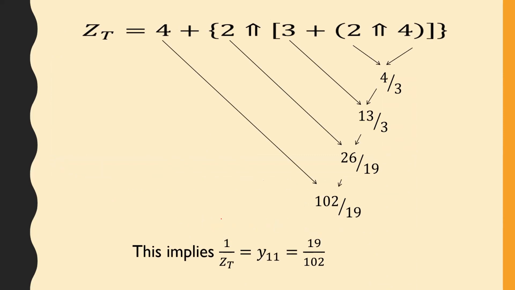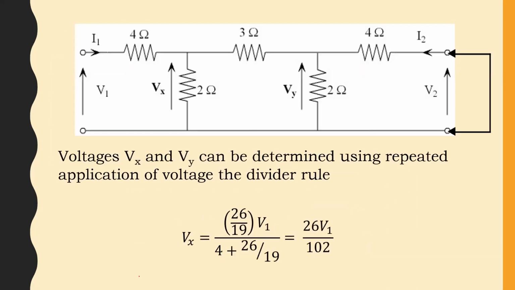And for Y21, what we did was I2 over V1 with V2 equal to 0. So it's the same circuit that we had before.